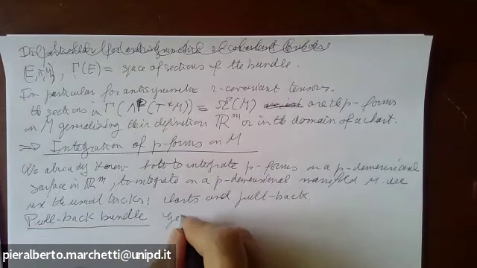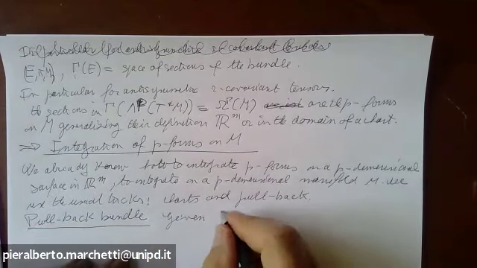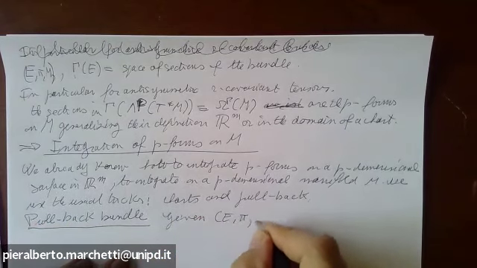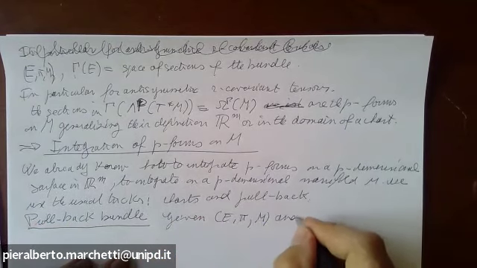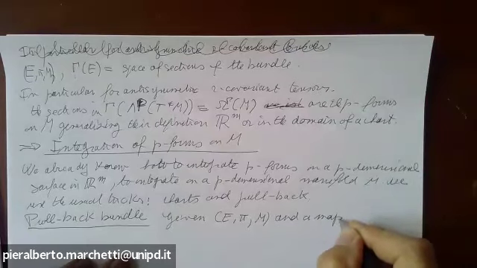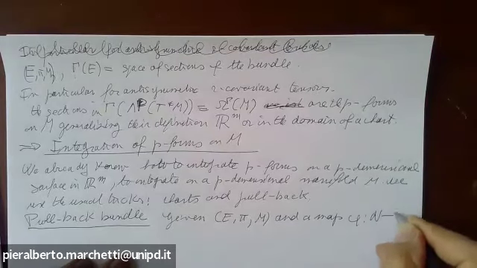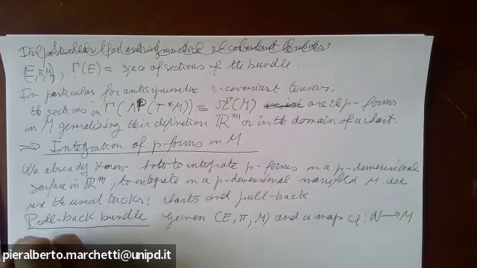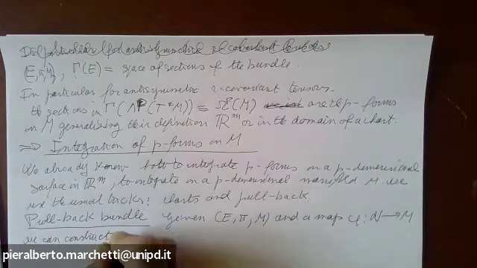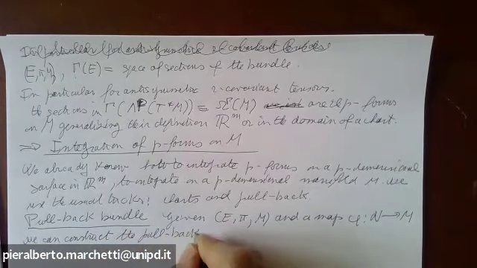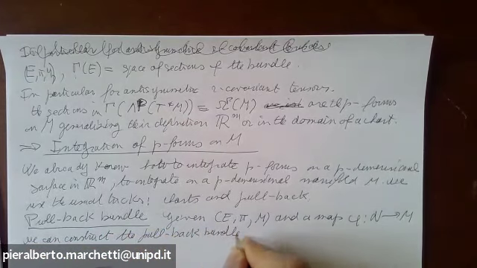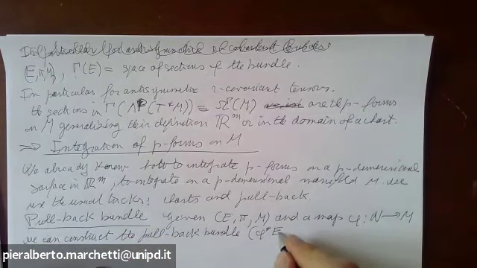So given the bundle E, pi, M and the map phi from a manifold N to M, we can construct the pullback bundle, which is denoted frequently like phi star E, where phi, remember, is the map.